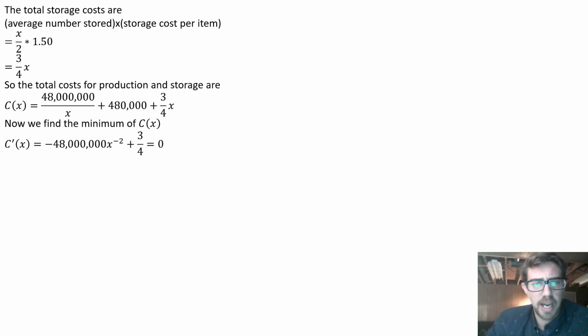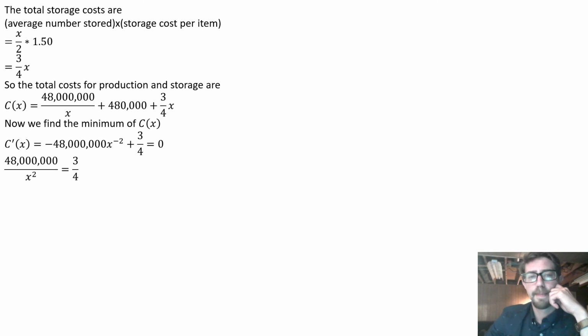So algebra-wise, again, I'd probably just move one of the terms to the other side, in a way that both sides are positive, like that. And then I also switched the x to the negative 2 back to an over x squared, because that's easier to deal with in terms of solving equations. Okay, so 48 million over x squared equals 3/4.